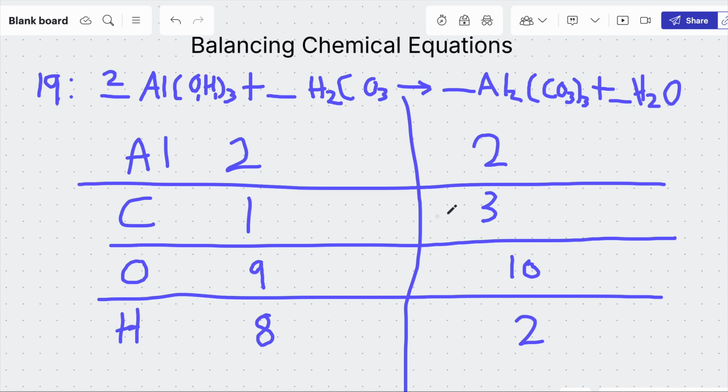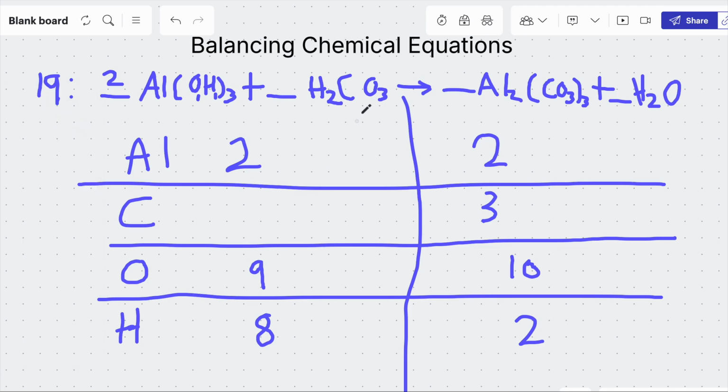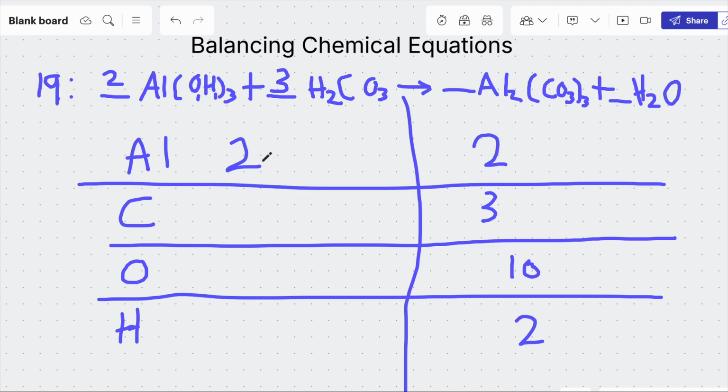Now we're going to fix C's. So we need 3 C's on this side. So we got 3 over here. We'll erase that. There's 1 C in each of these things. So to get to 3, we're going to need 3. That will also change our H's and our O's. Lovely. All right. So now let's start with C's.